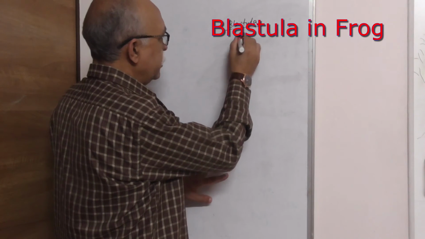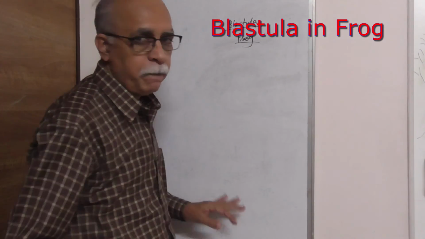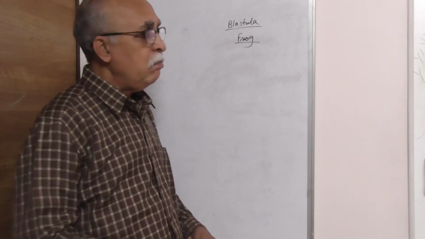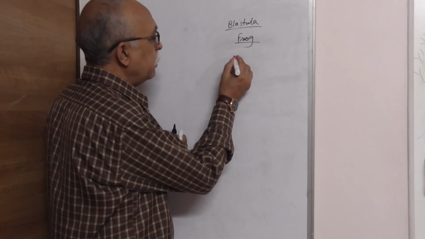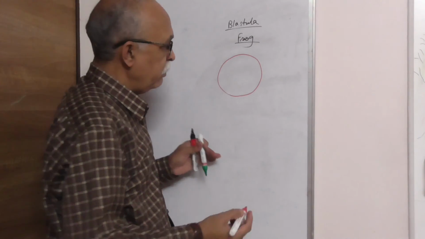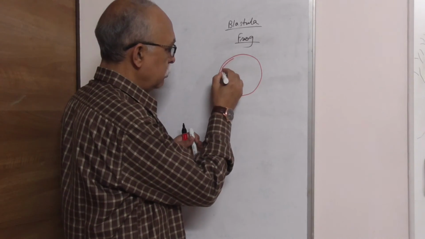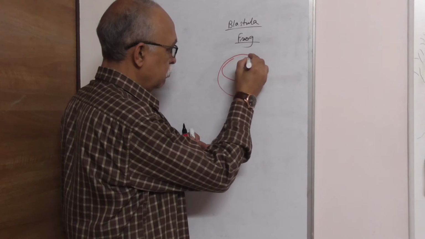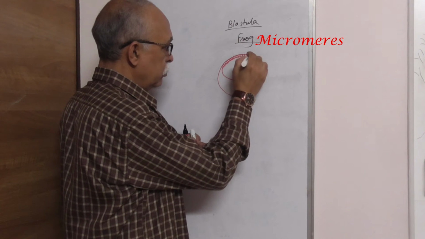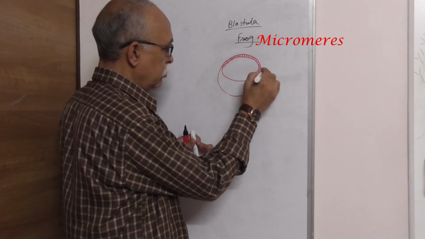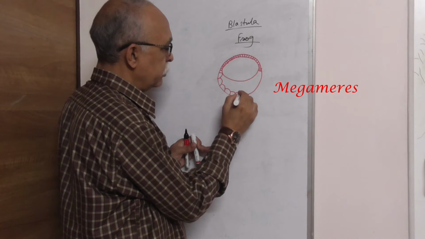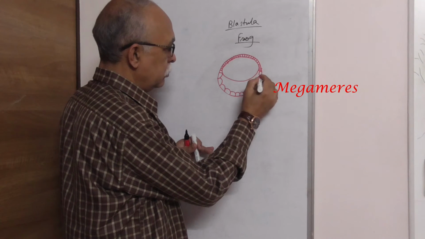Then let's talk about the blastula in frog. Here, as I've already mentioned, the difference between micromeres and megameres is remarkably observed. If this is the entire sphere that we're talking about, these are the micromeres, and these are the megameres or macromeres.